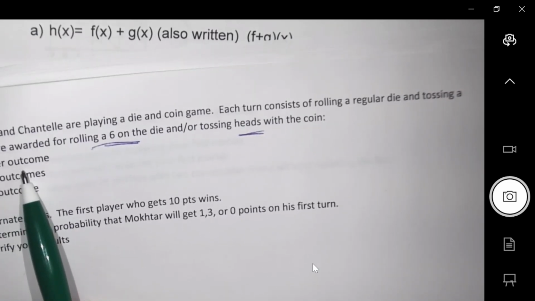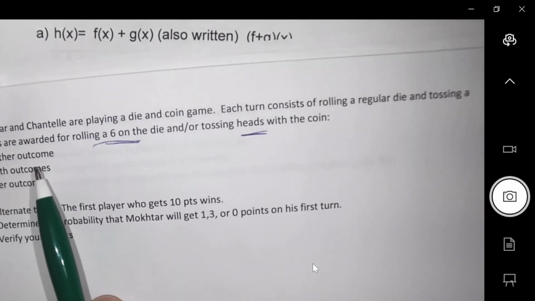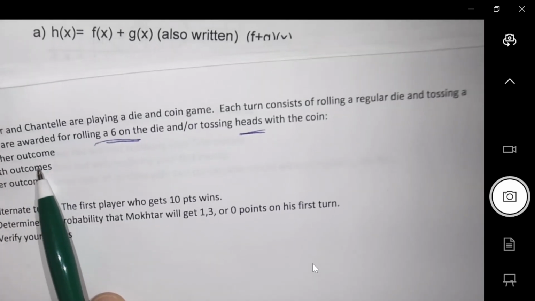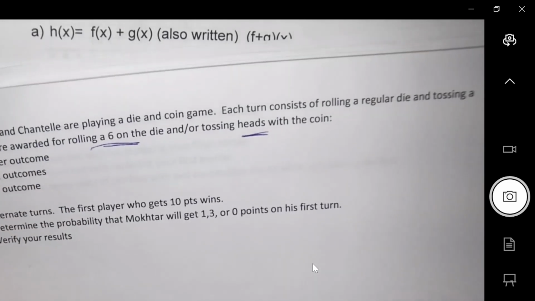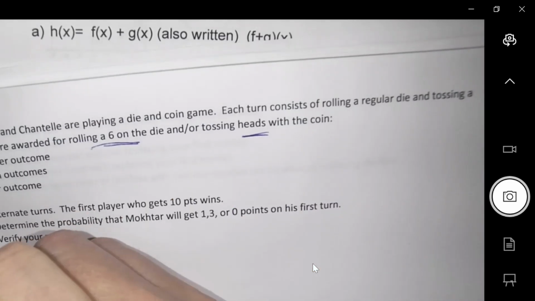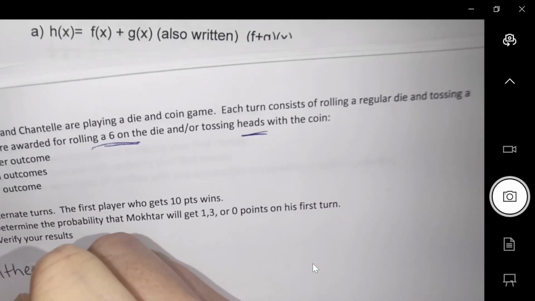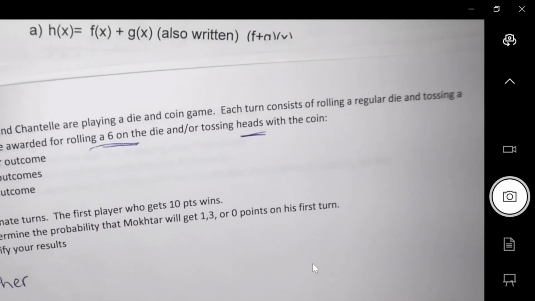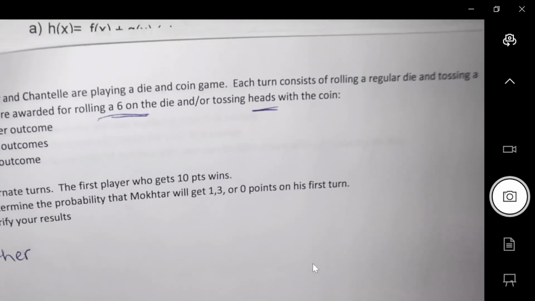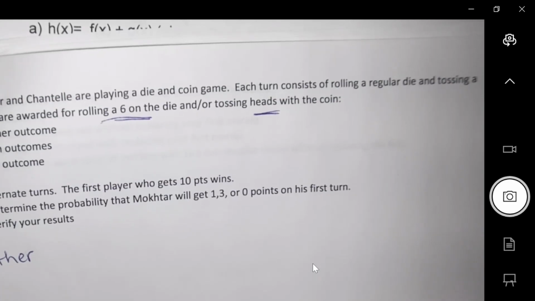Okay, so what are the chances of getting either outcome? So either. So I need either a 6 or a head.